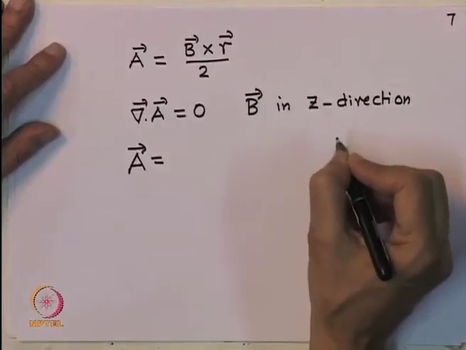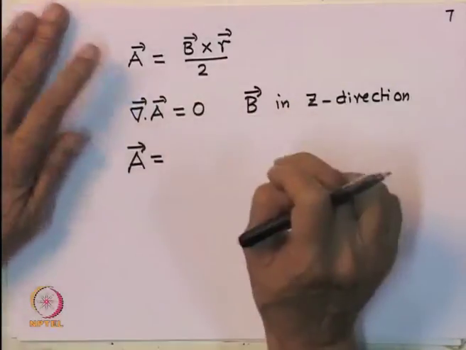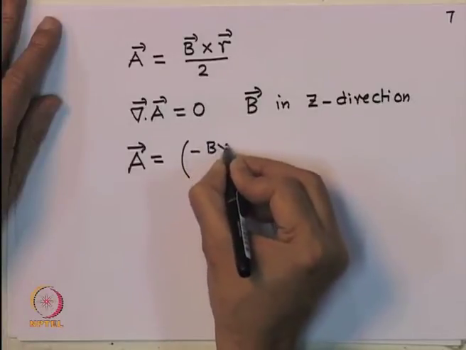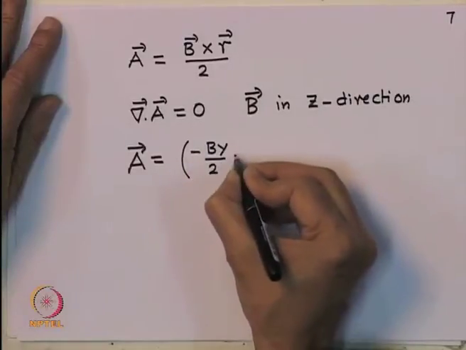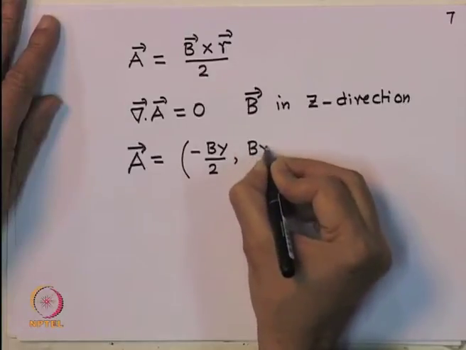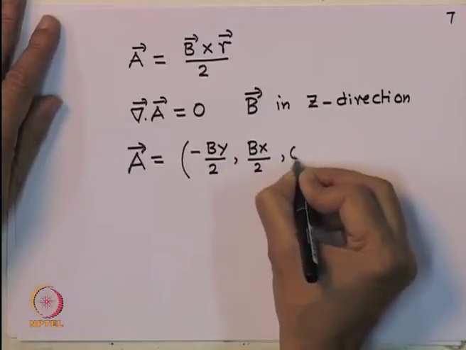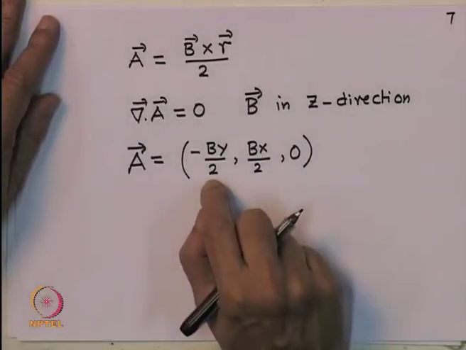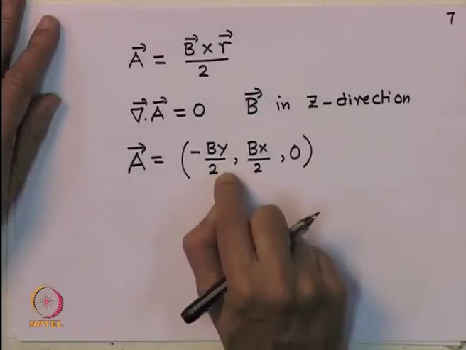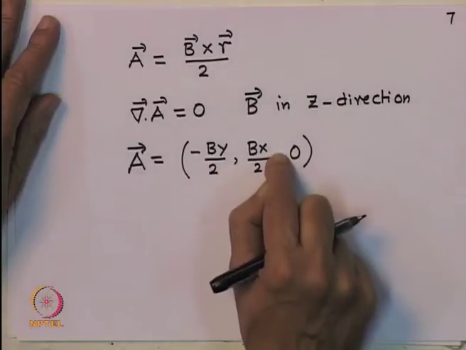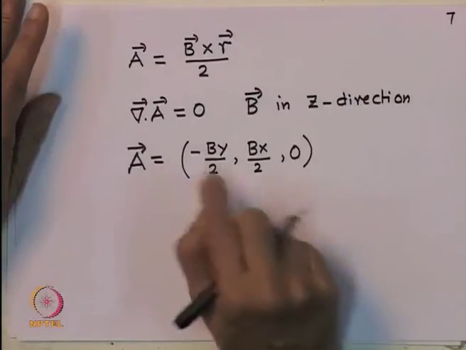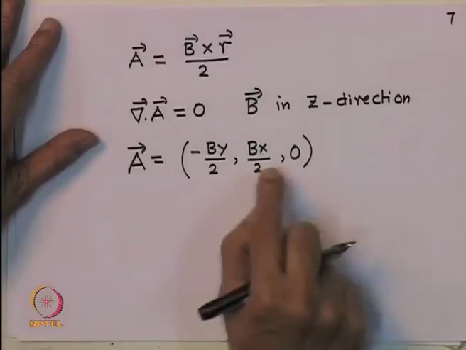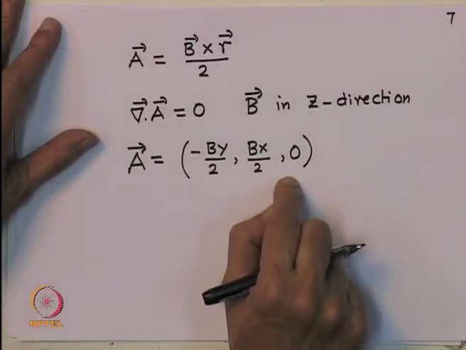Since it is B cross R's components, you can check that one of the possible expressions is, for example, minus By by 2, Bx by 2, comma 0. That is, the x component of the vector potential is proportional to y, y component is proportional to x. You can check that del dot of A is equal to 0, and del cross of A will give you vector B when calculated.